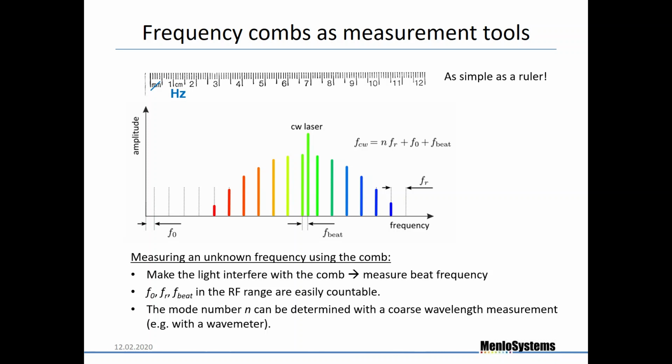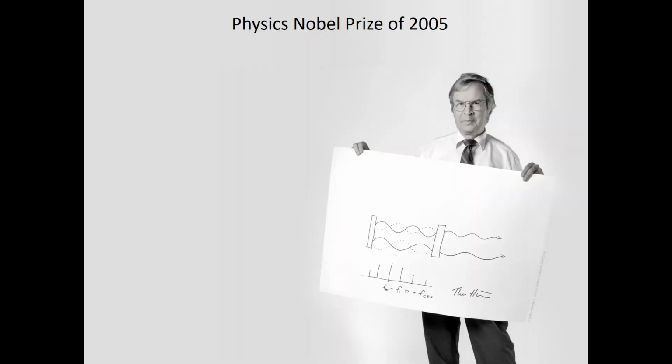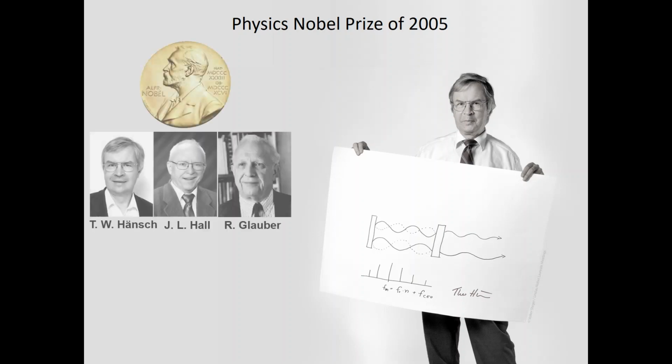And so you cannot be more precise than this, because the units are not defined more precisely. So the most precise measurements that have ever been made have used the frequency comb. This is Professor Hänsch, the inventor of the frequency comb, and for this invention he received the Nobel Prize in 2005, along with these other two gentlemen, especially with John Hall, who also worked on frequency combs.